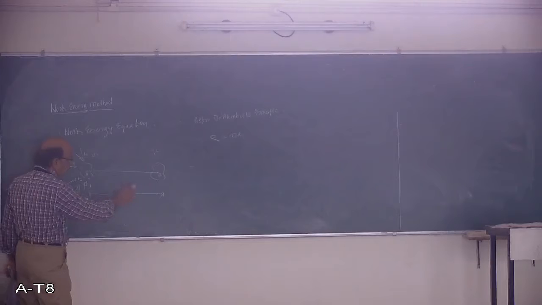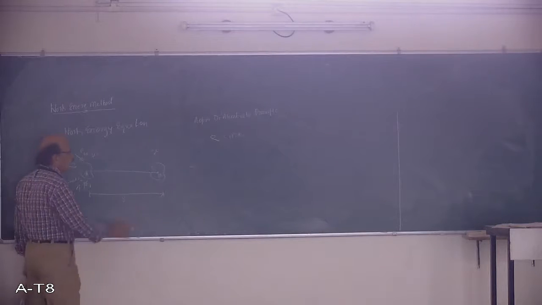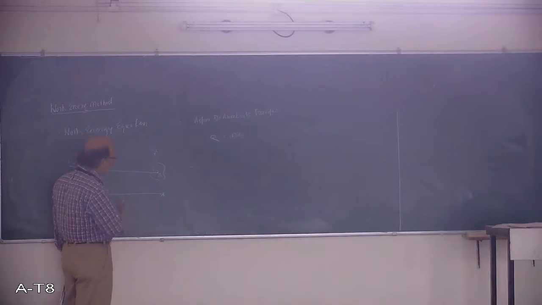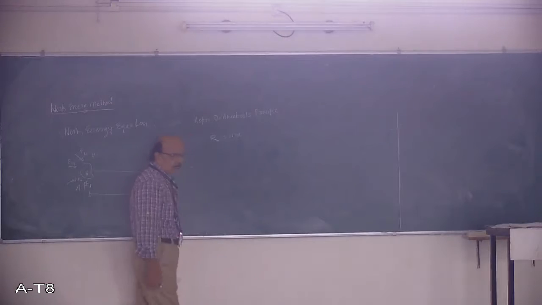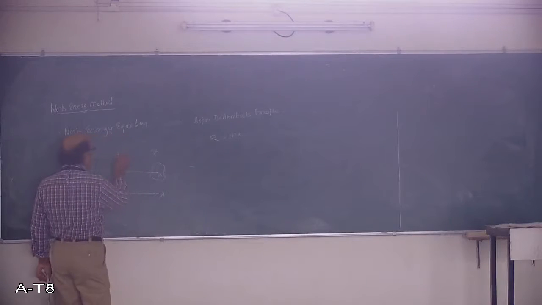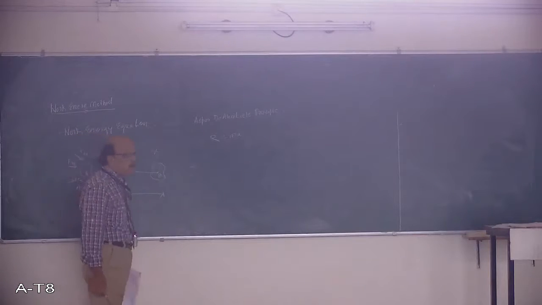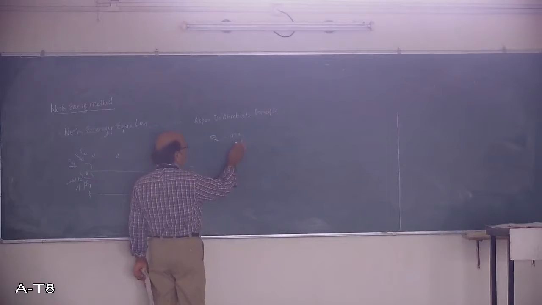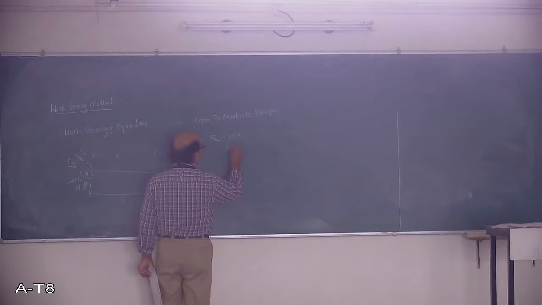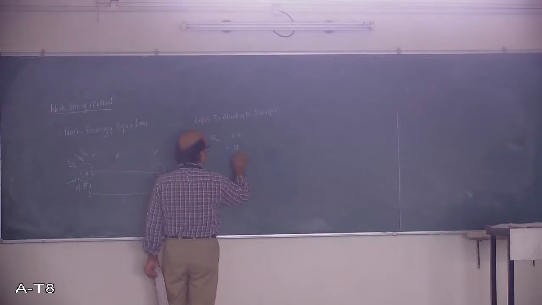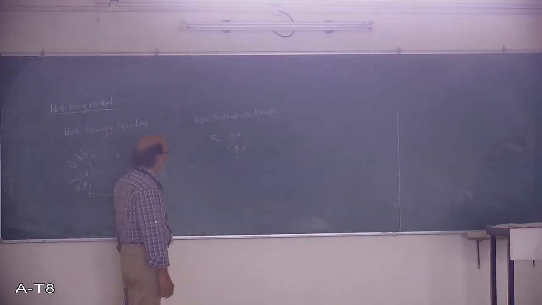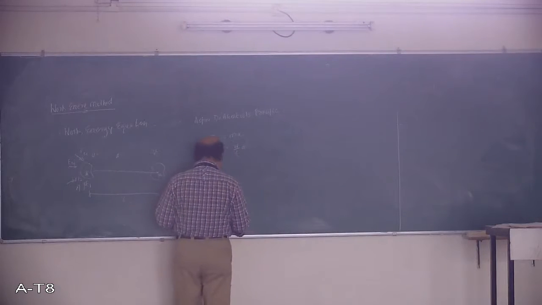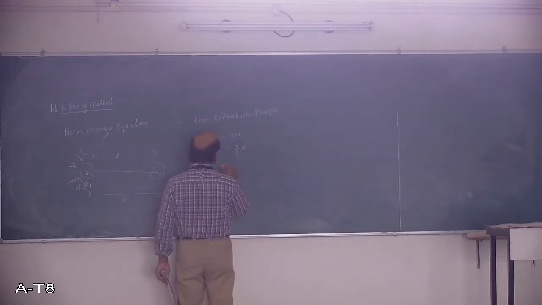I am considering the distance moved in the X direction only. So R is taken as the resultant, M is the mass of the body, and A is the acceleration of the object from here to here. R is equal to MA, where MA is W by G into A. I will multiply both sides by ds.